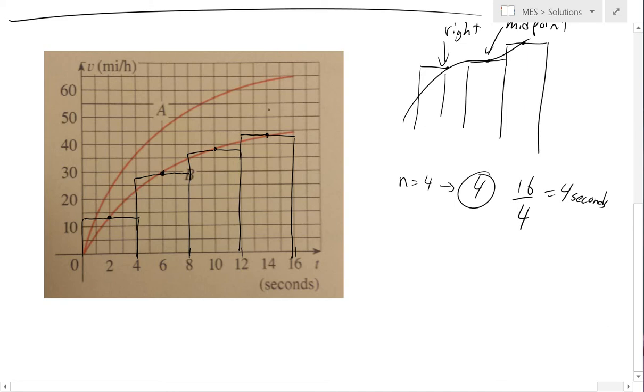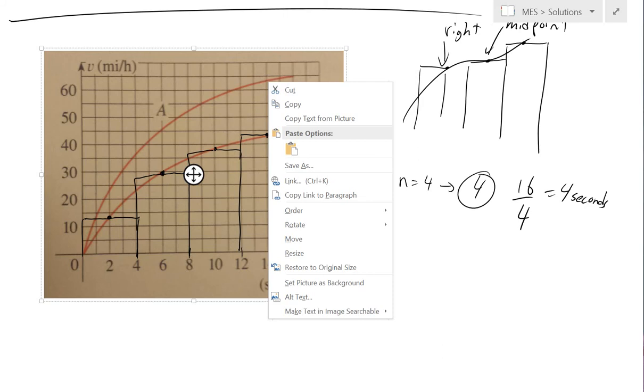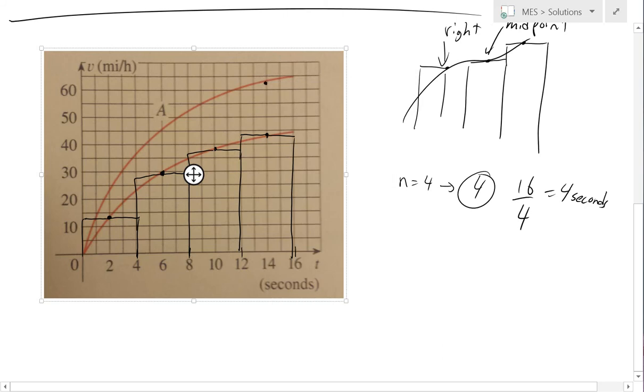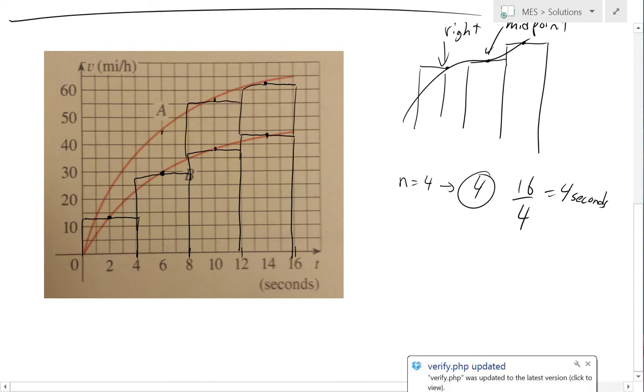So if we move this up, we go up to A, and now we do the same thing. Let's keep going like this, and then like this, and then up to here. So now we have a rough estimate of what's in between areas A and B.